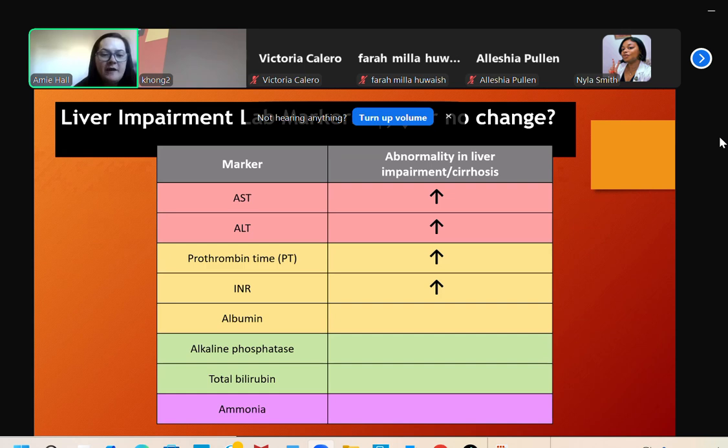Albumin is going to go up, down, stay the same. ALK-Phos is going to go up, down, stay the same. We're losing people on that one. Total bilirubin is going to go up, down, stay the same. And ammonia is going to go up, down, stay the same.